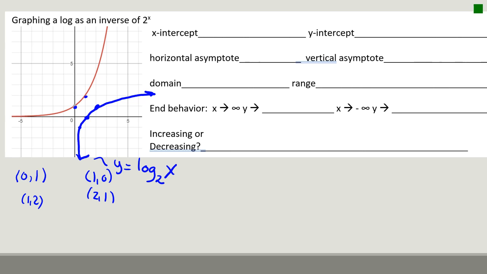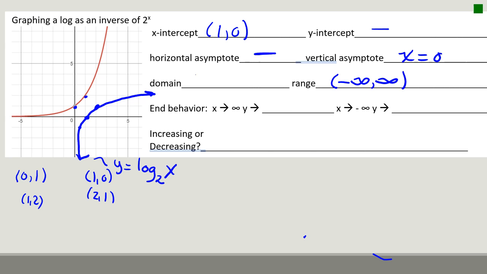All right. So now instead of my y-intercept being 0, 1, my x-intercept is going to be 1, 0. There is no y-intercept. There is no horizontal asymptote. My vertical asymptote is going to be x equals 0 because it's the y-axis. My domain, when it was an exponential, was all reals. Well, now my range is going to be all reals.